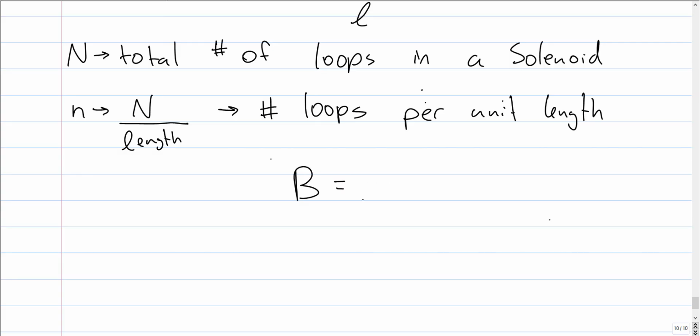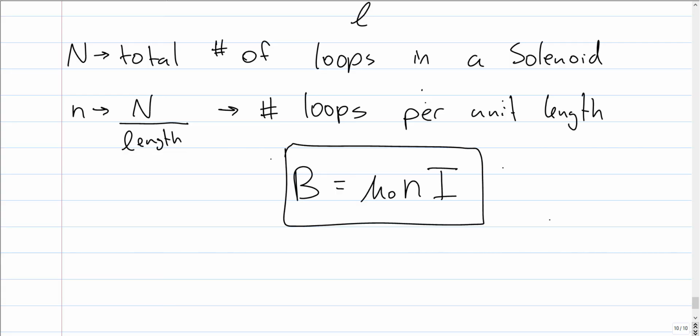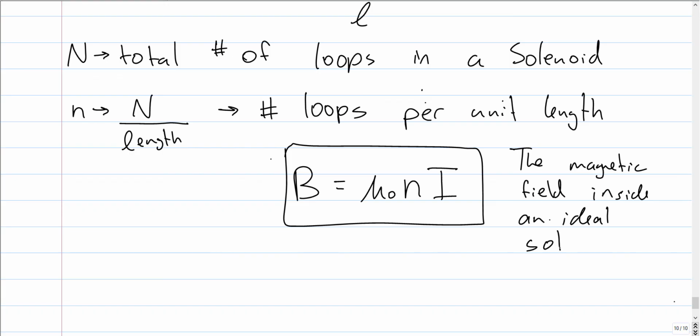So magnetic field is just mu naught times n times I. And what we've done is we've got the magnetic field inside an ideal solenoid. And you're not going to be asked to derive this formula, but you will use it quite frequently.